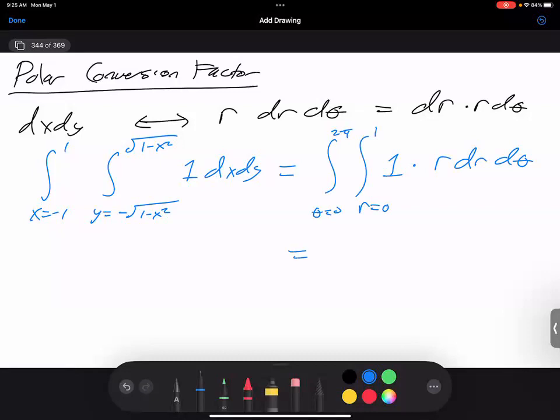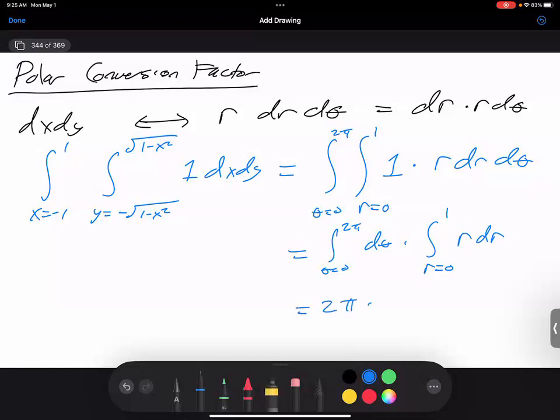Okay, what does the r integration equal? So I can actually split this as two integrals, d theta times the integral r goes from 0 to 1 of r dr, because the theta and the r integrals don't impact each other. So what's the integral of d theta from 0 to 2 pi? Two pi.